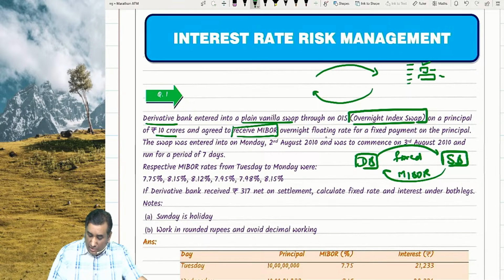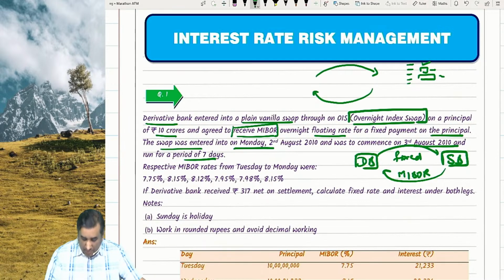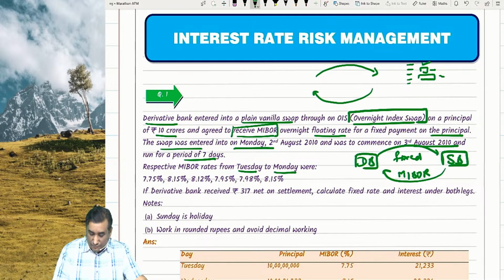Overnight floating rate for the fixed payment on the notional principal. The swap was entered into on Monday 2nd August, to commence on 3rd August and run for a period of 7 days. The rates from Tuesday to Monday: Tuesday, Wednesday, Thursday, Friday, Saturday, Sunday, and then Monday.